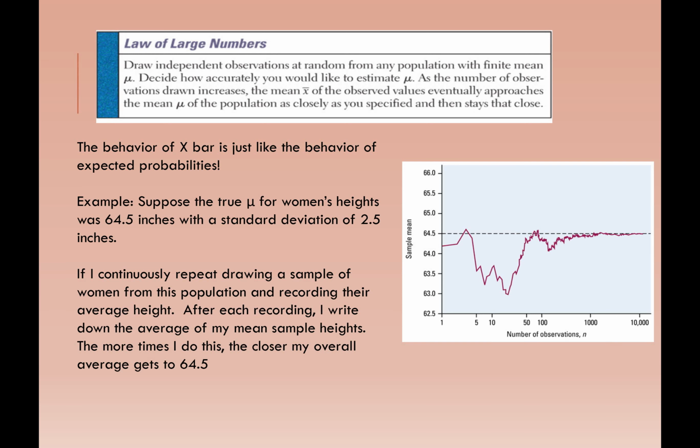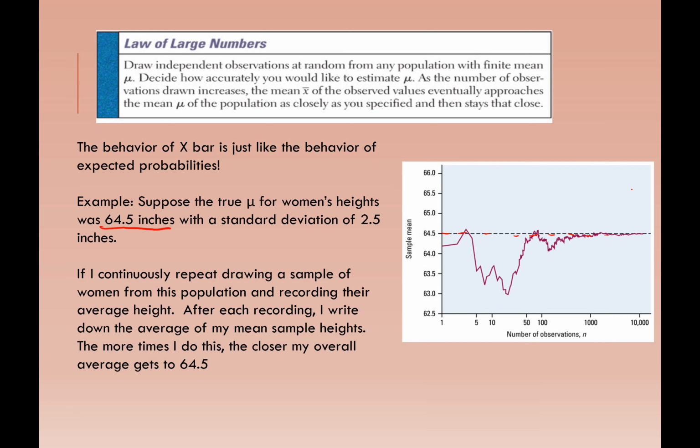So here is a simulation. So let's suppose that women's height, the mean was this 64.5, this dotted line. So as I start to take a few samples, the number of observations here, you can see I might get some rogue small samples, small numbers there.